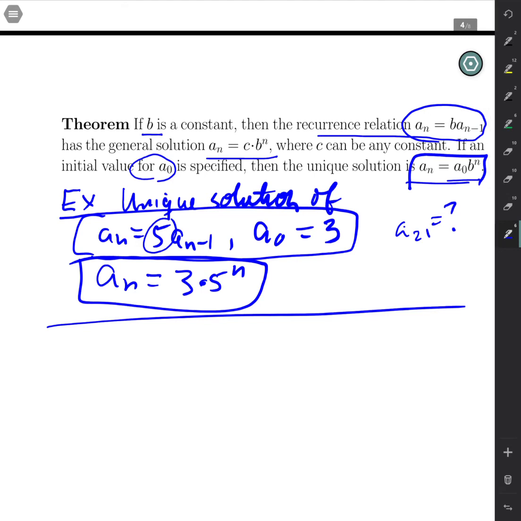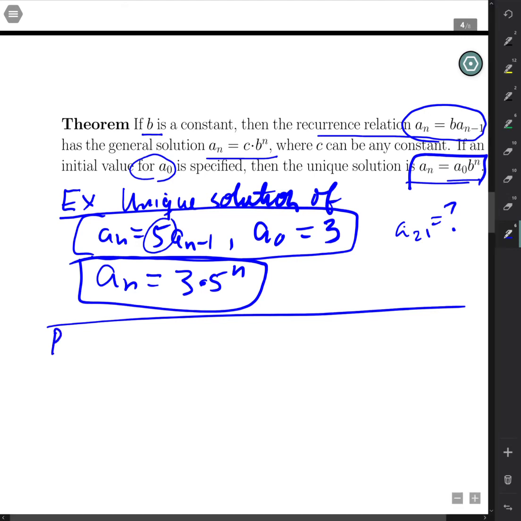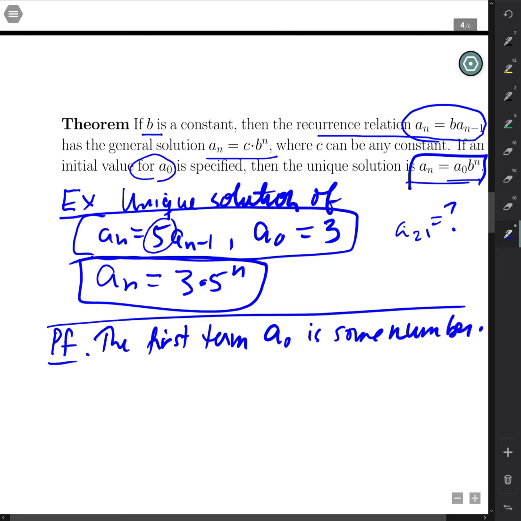All right, so for the basic proof of this, let's consider the first term, actually the zero term if you like, a_0, which is some number.